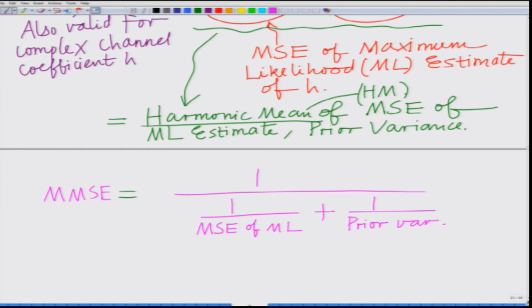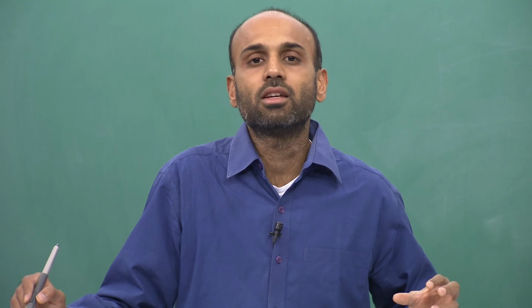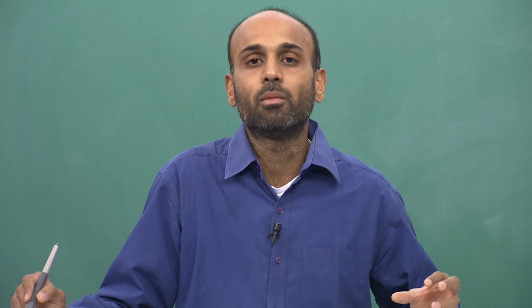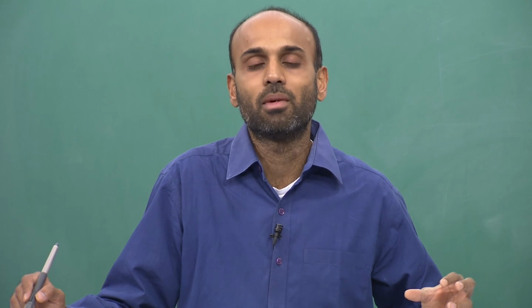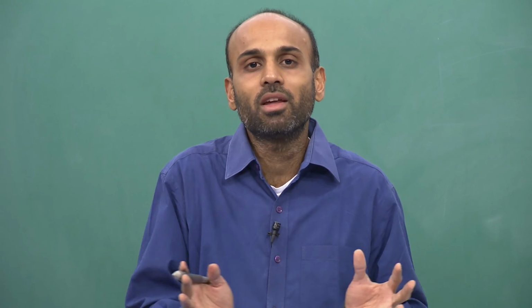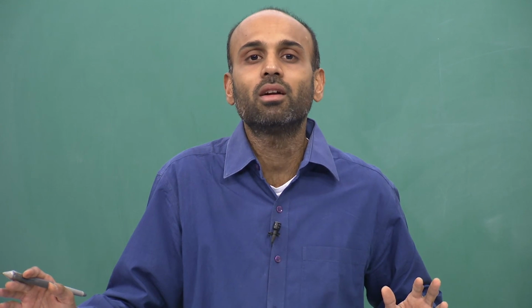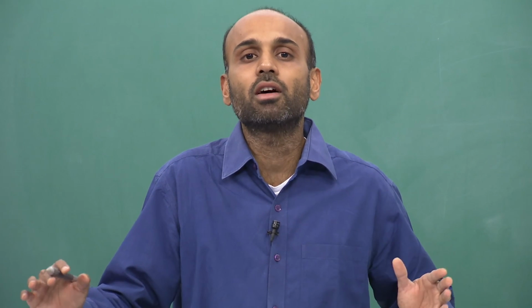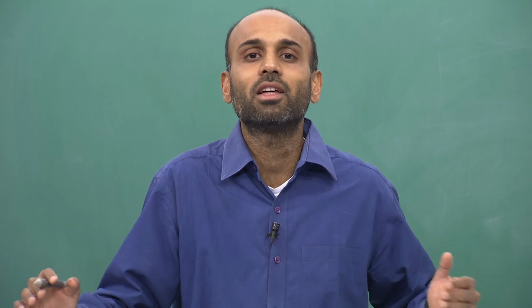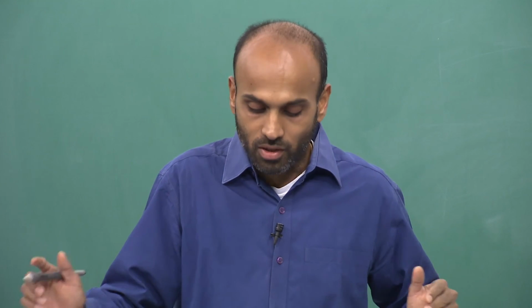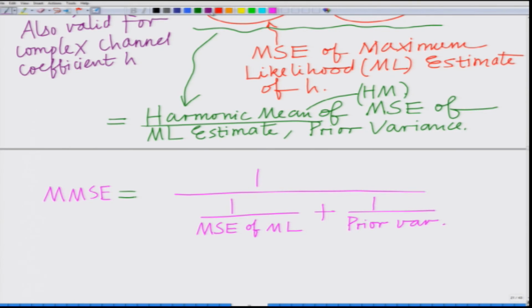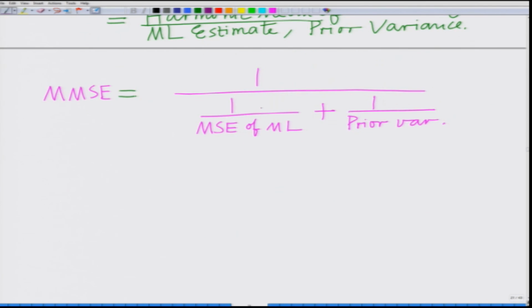If the MSE of the ML estimate is very close to 0, is very small, then the dominating term in the denominator, you can observe, 1 over MSE of ML will be very large, because the MSE of the ML estimate is very small. So, the denominator will be dominated by 1 over MSE of ML. Therefore, the MMSE will simply be the MSE of ML.